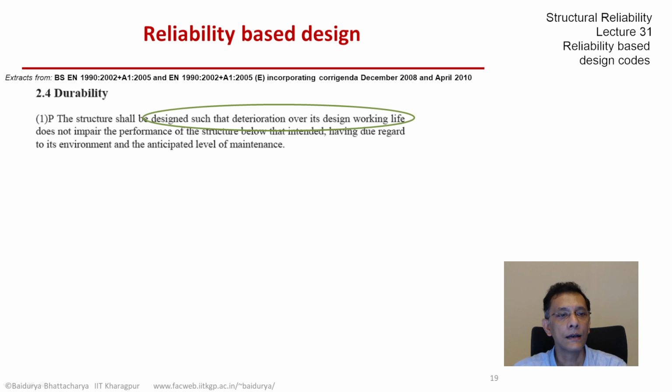And then the issue of durability once again comes up, and the designer is cautioned that all issues related to aging and environmental degradation have to be anticipated and considered.